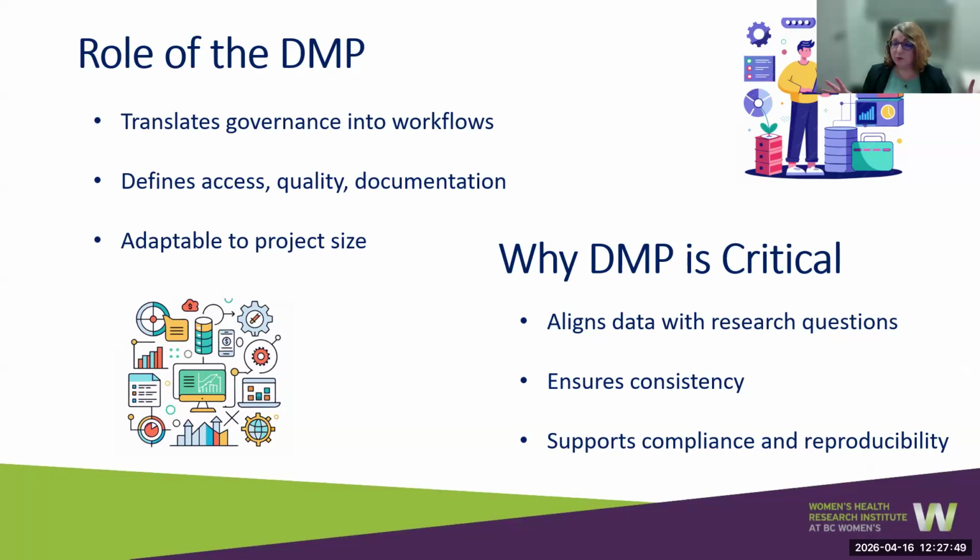Data governance is mostly at the institutional level or lab level or organizational level, while data management is much smaller, and it's related to a specific project based on data governance principles. And why is it important? When you develop a data management plan, you will know exactly how your data align with the research question. It will ensure consistency in your data, compliance, and reproducibility.